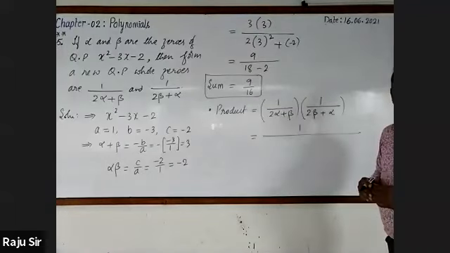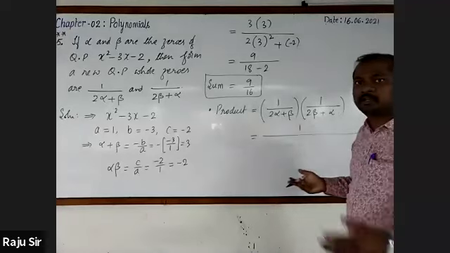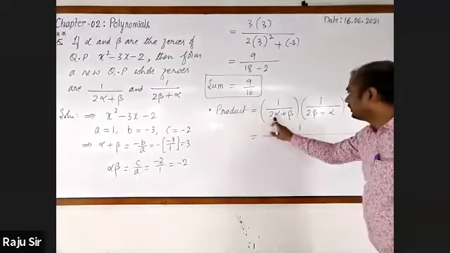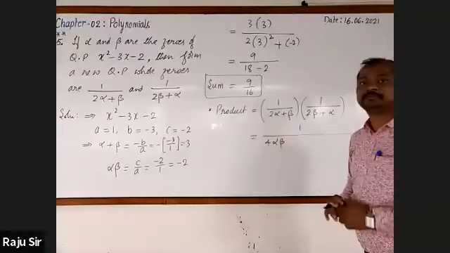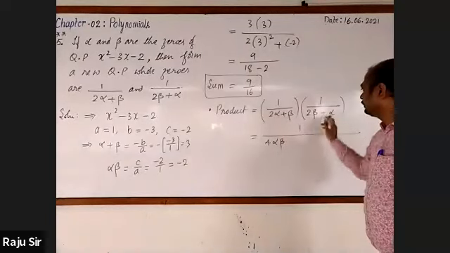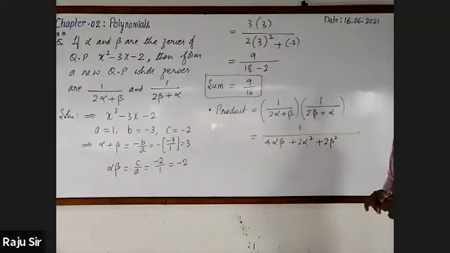Multiply numerator. 1 into 1 is 1. Multiply the denominator as well. It is just like the previous one only. 2 alpha square into 2 alpha into 2 beta, 4 alpha beta. 2 alpha into alpha, 2 alpha square. Plus beta into 2 beta, 2 beta square.